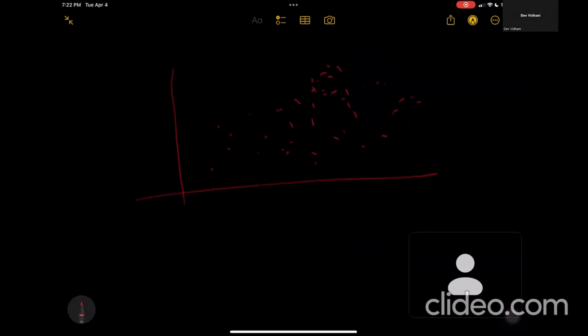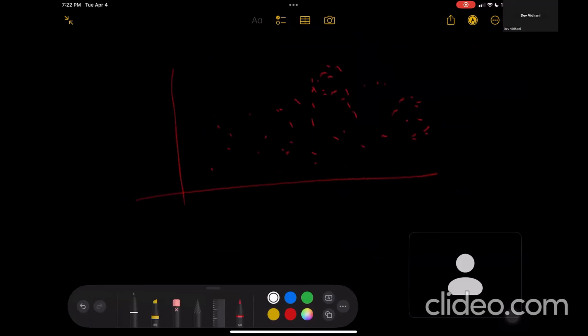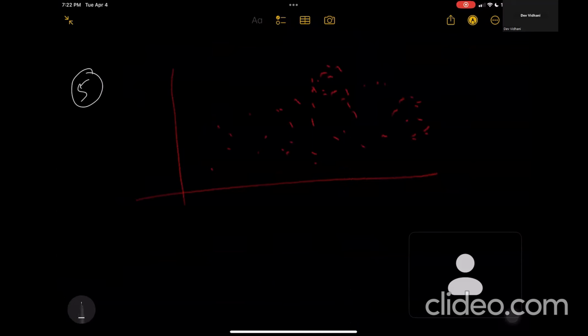Okay, so consider you have a set of points that you want to put clusters around, to find the clusters for these points. And let's say you want to make 5 clusters for it.